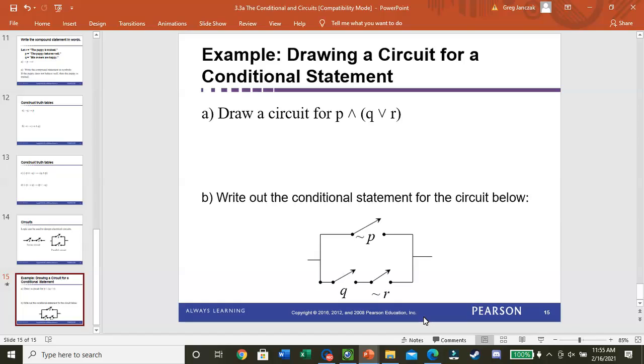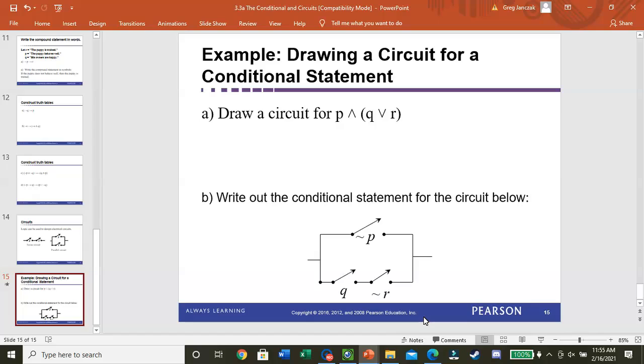All right, so let's look at this problem here. What you're going to have on the homework and the test is a drawing like this one, and you're going to have to tell what is being stated here.